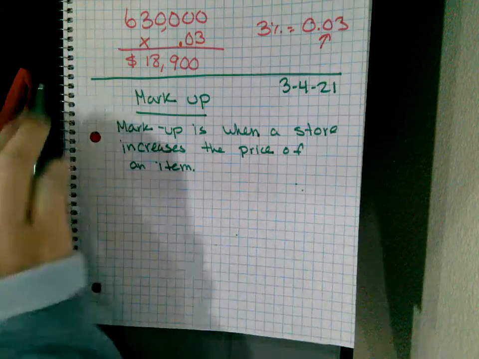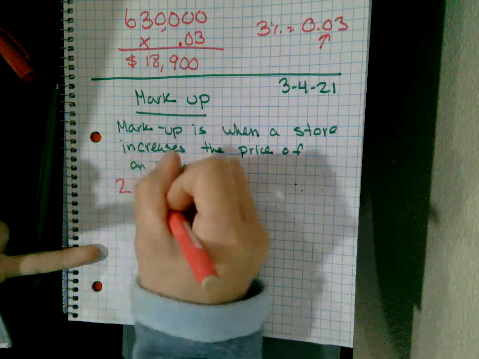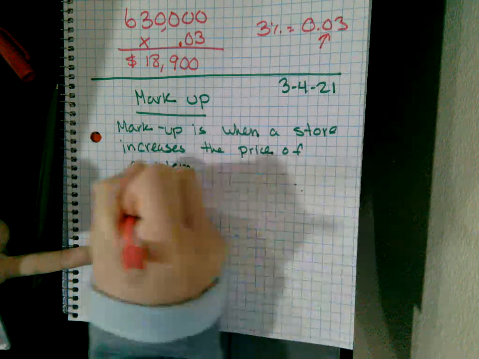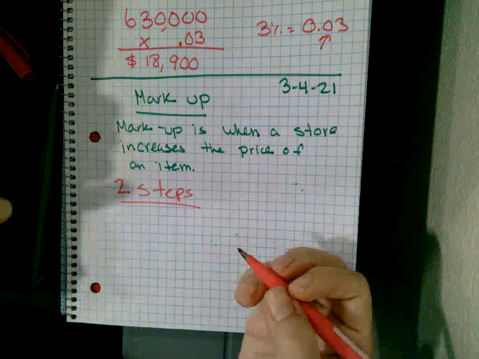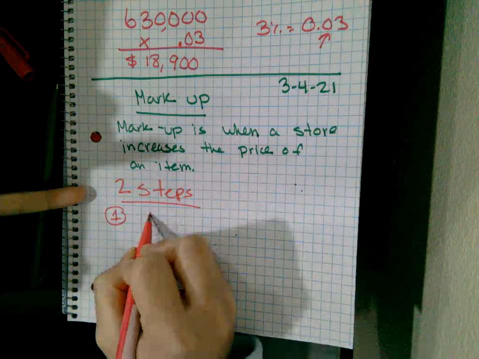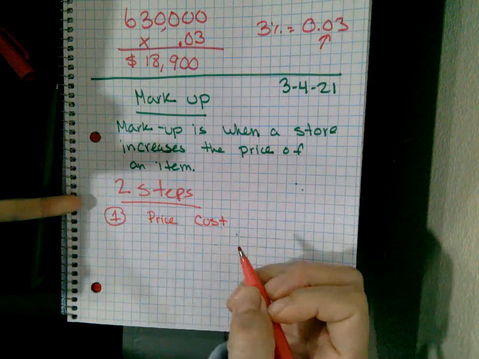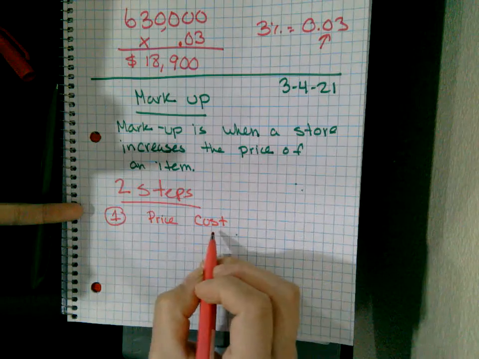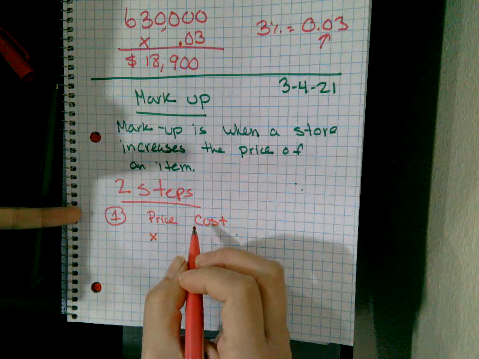Okay? So for markup, there are two steps. Step number one, you're going to take your price, or the cost, sometimes it's called the cost to make something, and you're going to multiply it by, gee, I wonder what?